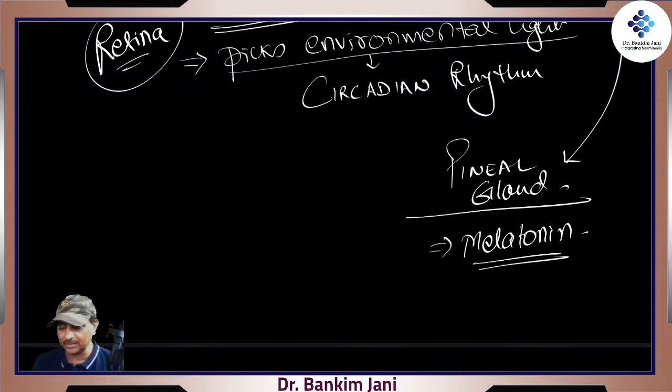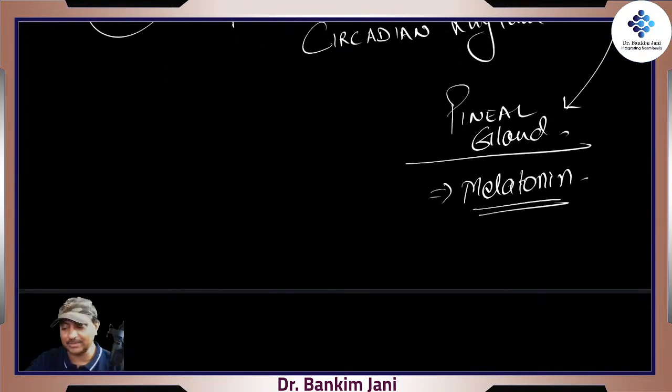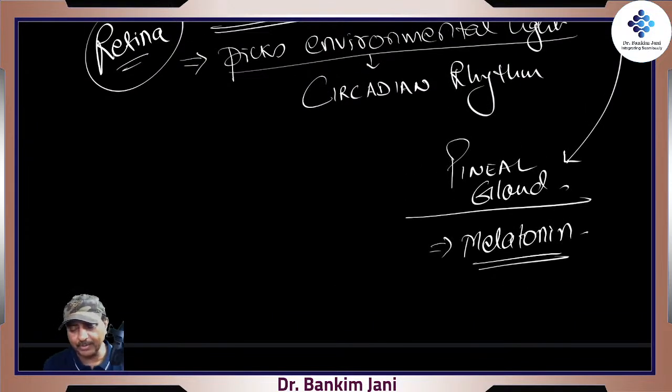But we are destroying this circuit by looking at that cell phone. We feel that someone from some other country, some prime minister or president, is interested in talking to us, so we jump onto that and open that light. As soon as it opens up, it starts affecting this circuit, and that's where your complete circadian rhythm is disturbed.